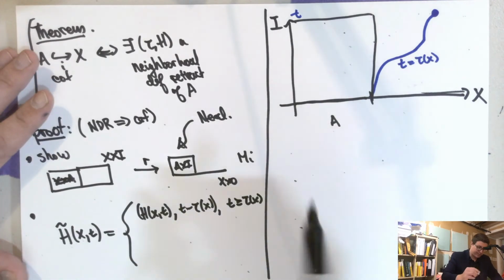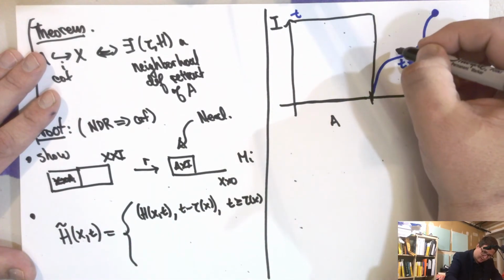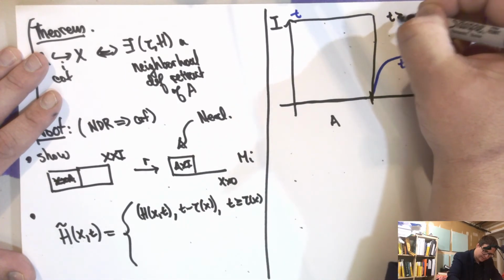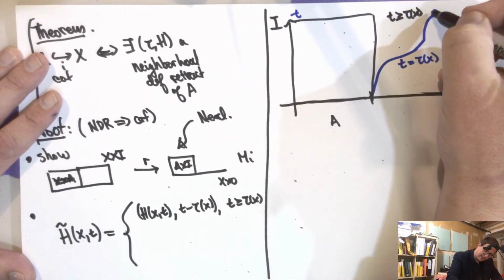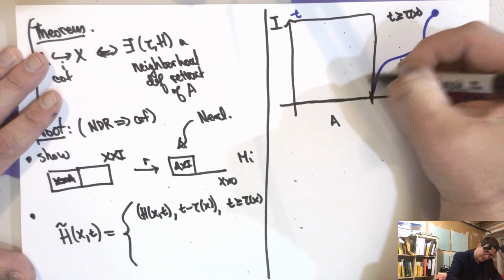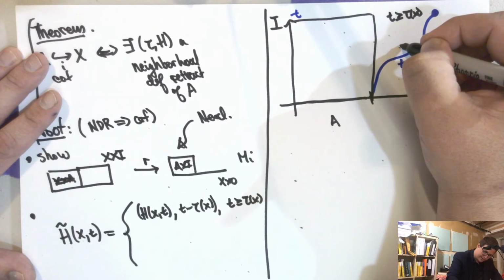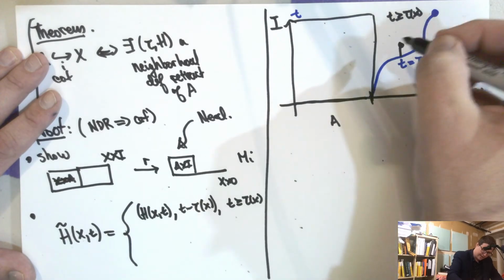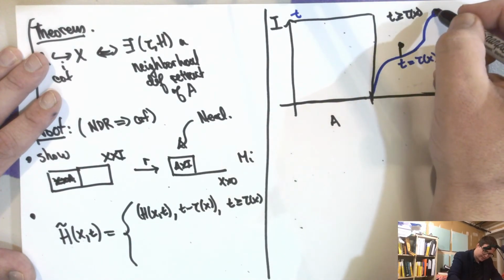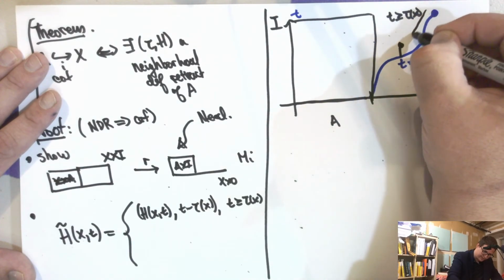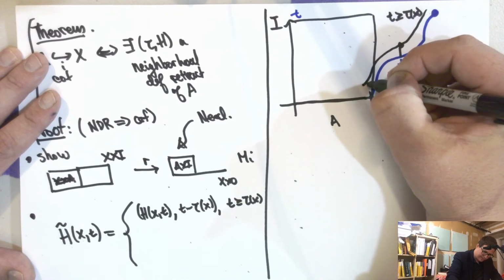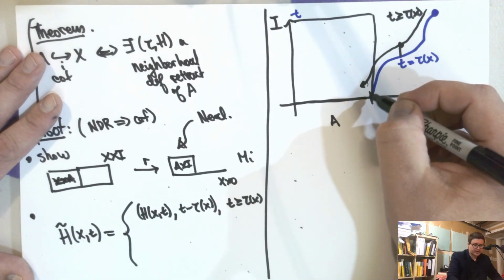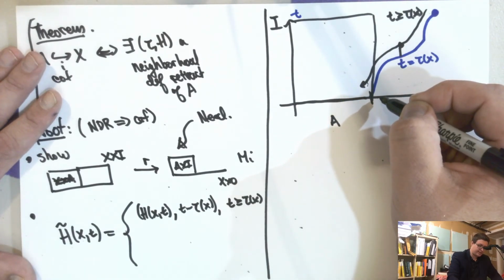So all these little points, this is in this region. So this is the t greater than tau of x region. And then here, we take a point and look at the height difference here, that's here. And then it gets mapped to wherever it gets mapped to in h of x, so it'll go something like this. So all the points that are a certain distance away get mapped here, into this region. I'm drawing it close because there needs to be some continuity here.